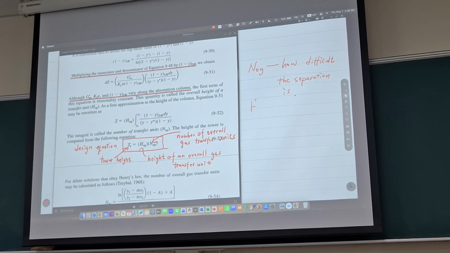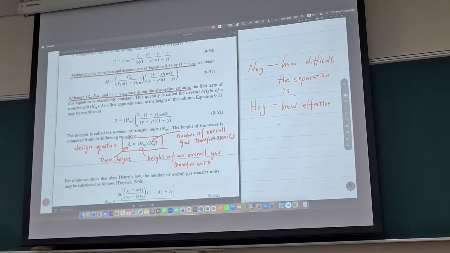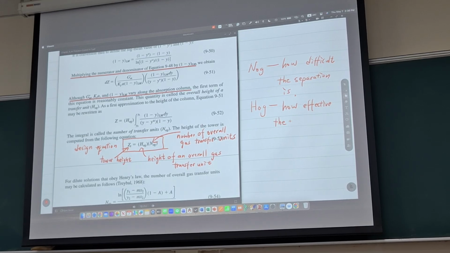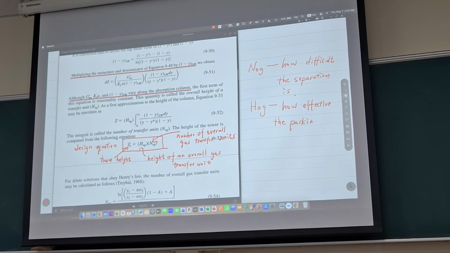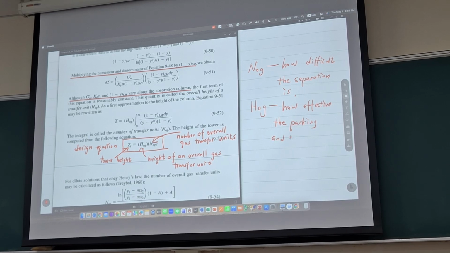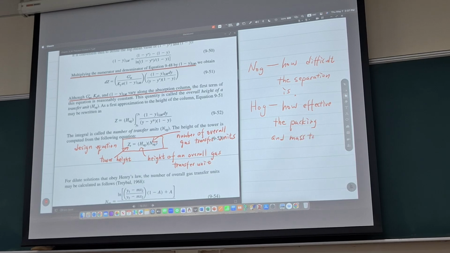So how about HOG? HOG tells us how effective the packing and mass transfer are.